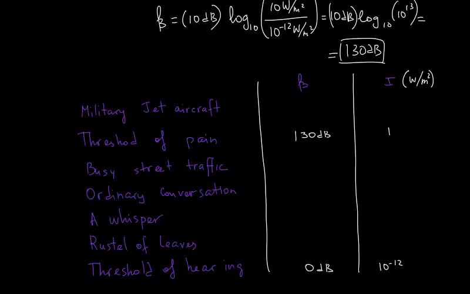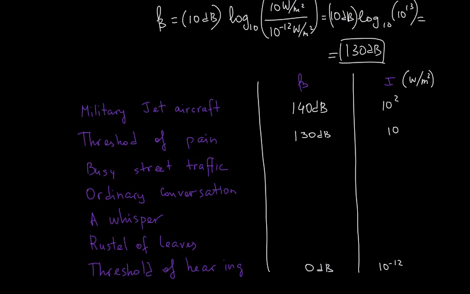For a better sense of what a decibel is in general, let's look at certain sounds. We know that the threshold of pain is 130 decibels and the intensity is 10 watts per meter squared. A military jet aircraft is 140 decibels, which is 10 to the 2 watts per meter squared. Most possibly your ear will be damaged.